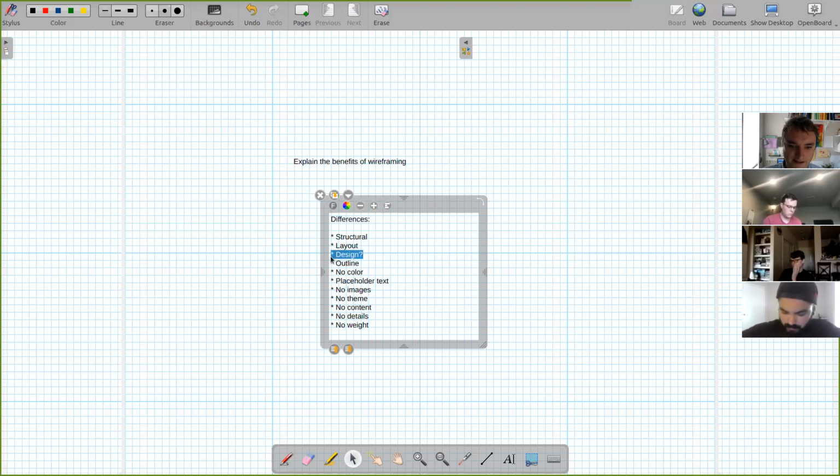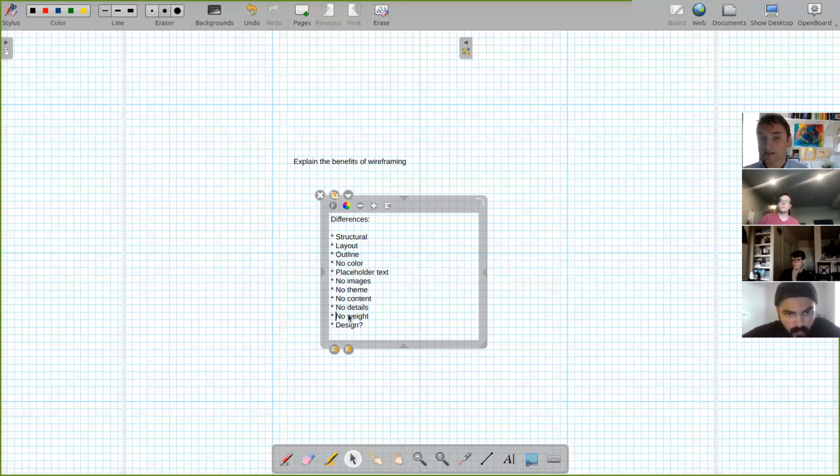Something that I kept seeing in these though, saying it doesn't have any design to it, is something I'll bone pick with a little bit. So design is like a structure for a solution. We have this problem, then we design the solution to it. Wireframe is absolutely a design.